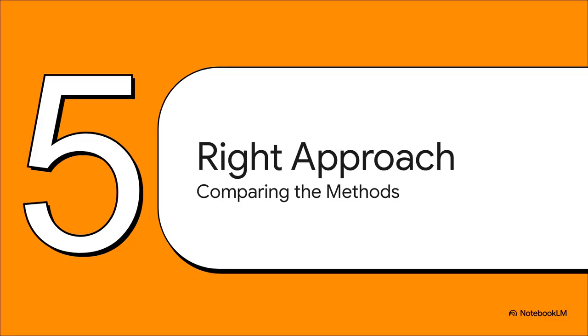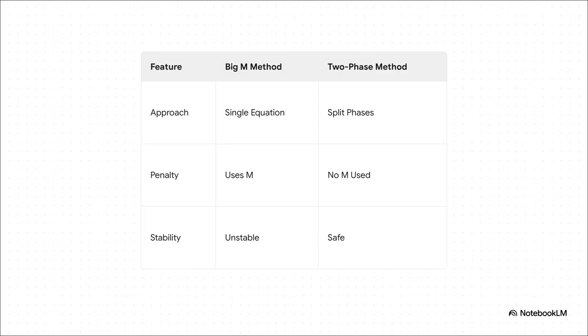Section 5, choosing the right approach. Let's compare these two methods. As we look at the algebraic differences side by side, the core distinction becomes crystal clear, doesn't it? In column 1, the Big M method is trying to juggle everything in one massive equation, combining the real variables and the heavily penalized artificial variables all at once. In column 2, the two-phase method splits the objective.